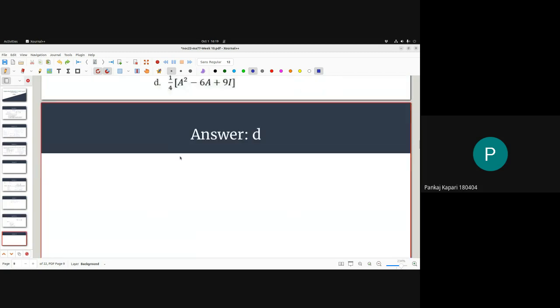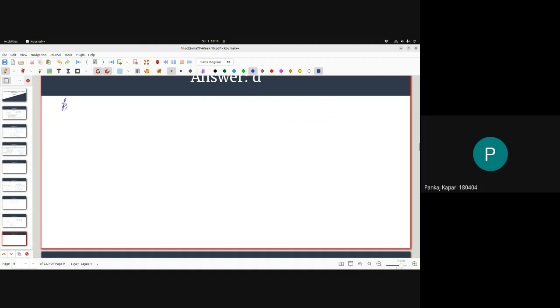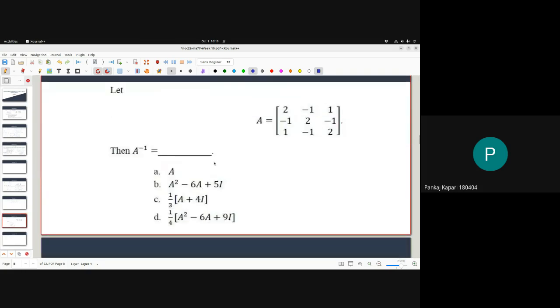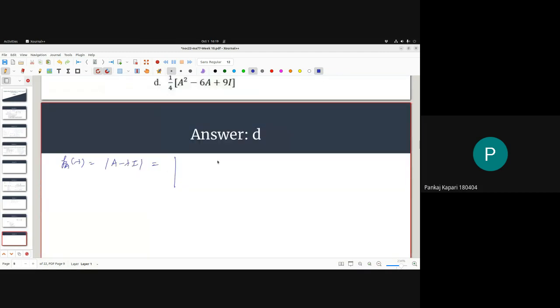Okay, so let's find the characteristic polynomial, which is just the determinant of A minus lambda I. So what is our matrix? 2 minus 1 1. So 2 minus lambda, minus 1, 1; minus 1, 2 minus lambda, minus 1; 1, minus 1, and again 2 minus lambda.